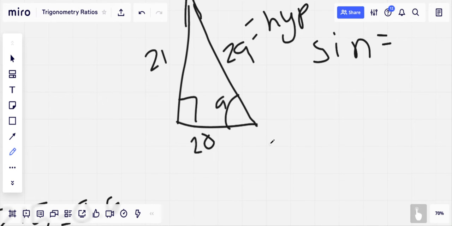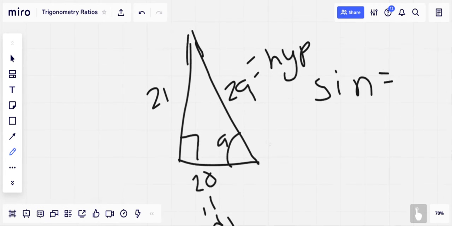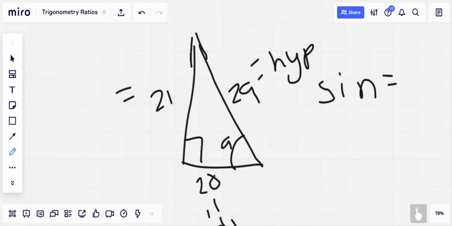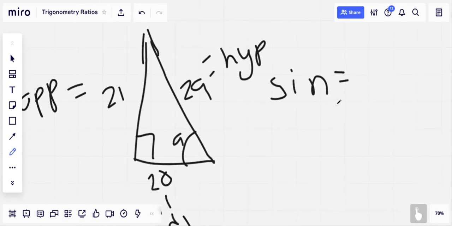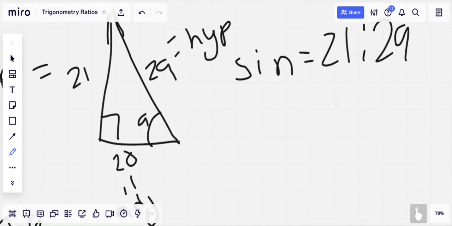Adjacent is the side that touches the angle A, and therefore it's 20. Opposite is the side opposite to angle A, which is 21. So sine is equal to opposite over hypotenuse, which is 21 over 29. So that's the sine.